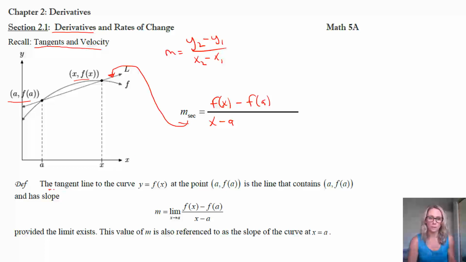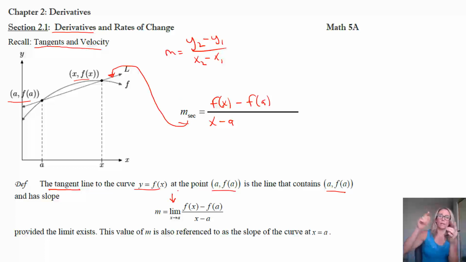So the tangent line to the curve of this function at a point is a line that contains that point and has this slope. Notice it's the exact same thing we just found, except it uses the idea of a limit.